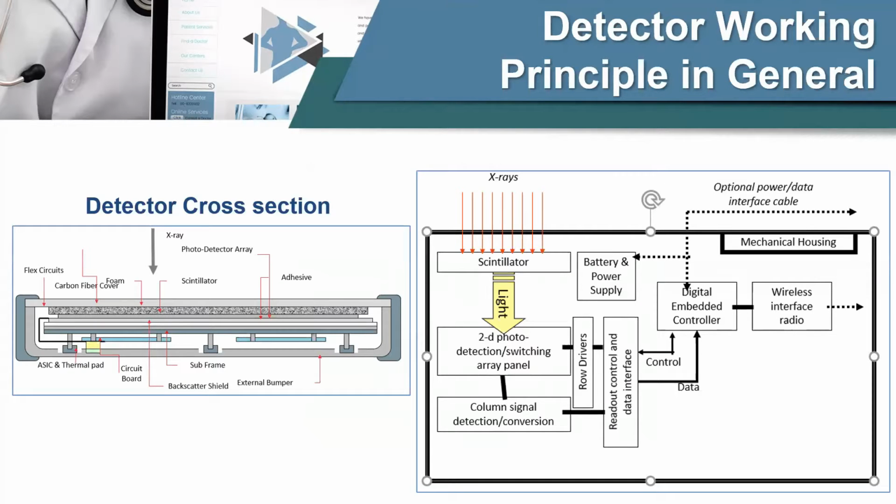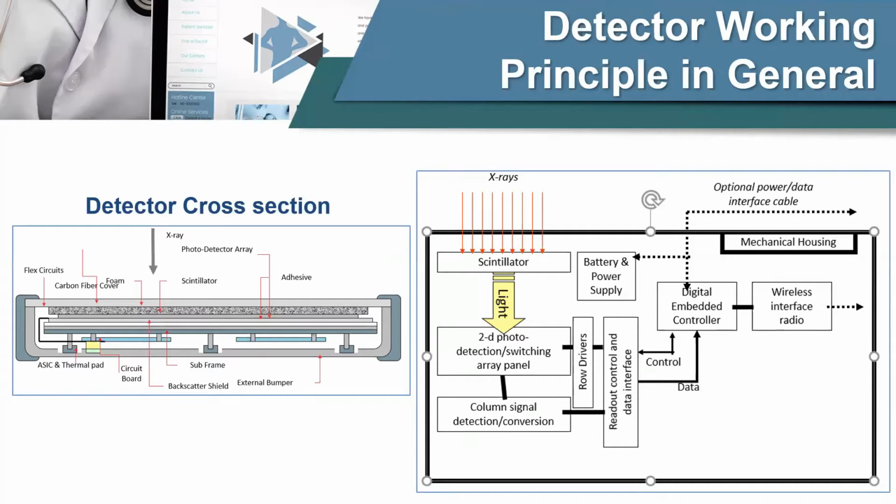Next slide. These are the principles. You can see a cross section of the detector as well as the methodology. You can see that there are scintillators here, and there is a photodetector array. The scintillator converts X-rays into light rays, and then the photodetector array, either cesium iodide or gadolinium oxysulfide, whatever the detector array, converts them into an image.